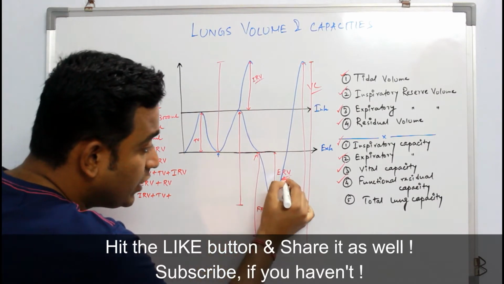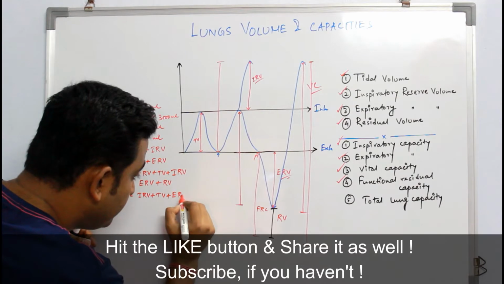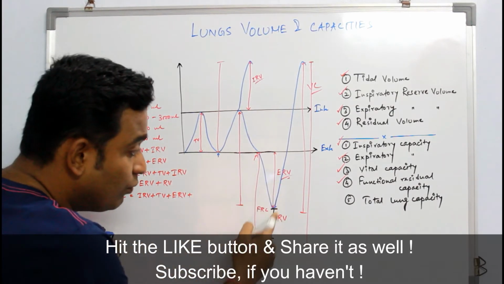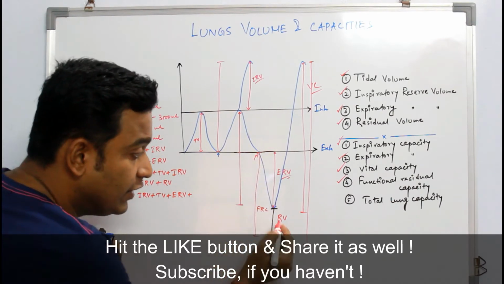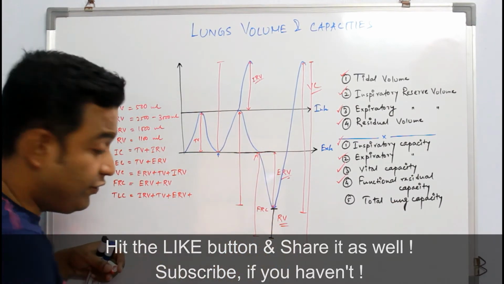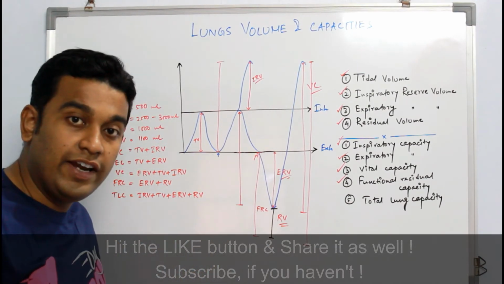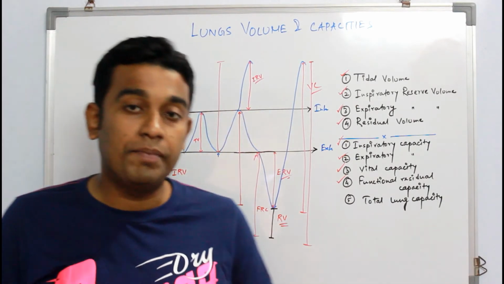That means you are entering the zone of ERV. So I'll write it here, ERV plus. Last but not the least, as you move further down, you have crossed the ERV. Now you are in the zone of RV. So I'll write it. Right? So that's about it, guys. That's about the lung volumes and capacities.